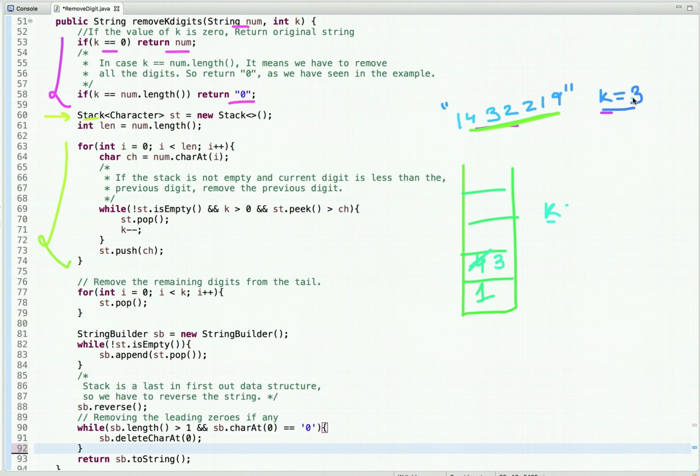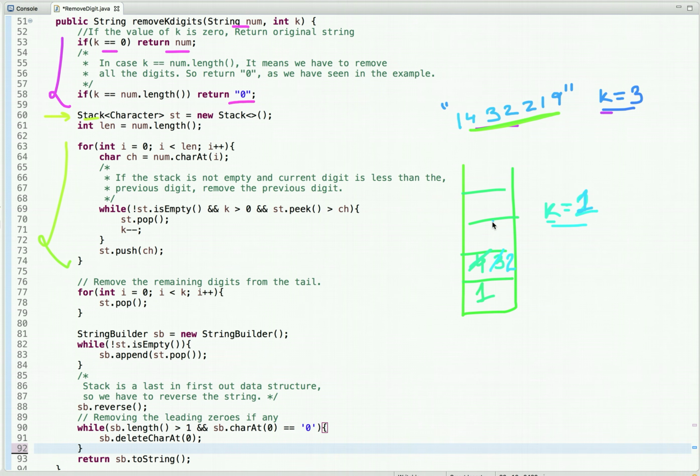So we have to remove 3 characters from this number. Now we have removed one digit from this number, so we are left with 2. So now we have to remove 2 digits from this number. The next number is 2, which is less than the number present at the top of the stack. So we have to pop this number, push the new number, and decrement the value of k.